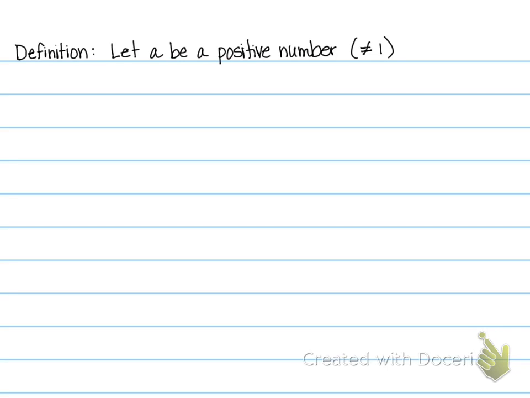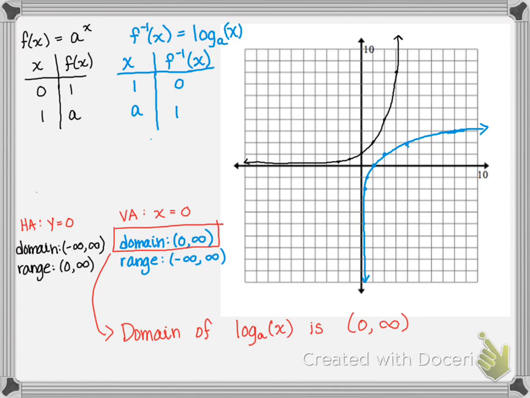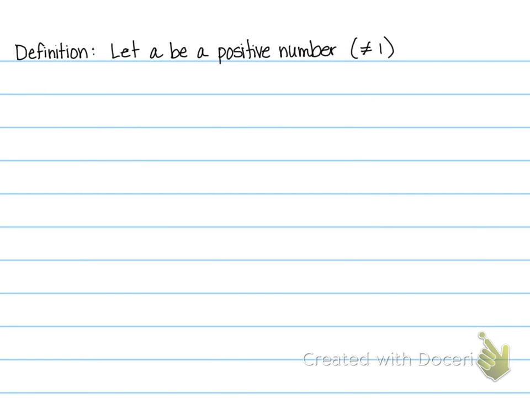And the reason it can't be equal to 1 is, if we go back to this, that A is the base of the exponential function that the logarithm is the inverse of. If that exponential function was 1 to the x, would it be an exponential function? I mean, what is 1 to any power? It's just 1, right? So it wouldn't be an exponential function. It would be a constant function. So that's why we say that A can't be 1, because then we're not actually working with an exponential function. We just have a straight line. Boring. Okay. So let A be a positive number which is not equal to 1.